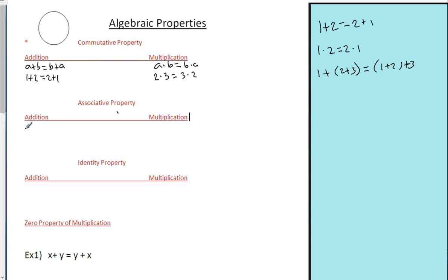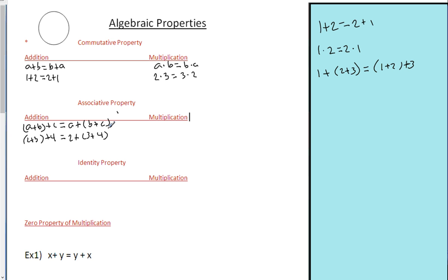So if I have a plus b in parentheses plus c, it's the same as a plus in parentheses b plus c. Okay? Or with numbers, let's make up one. 2 plus 3 plus 4 is the same as what?